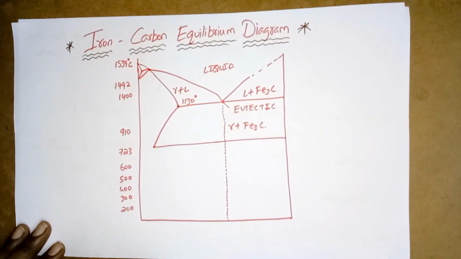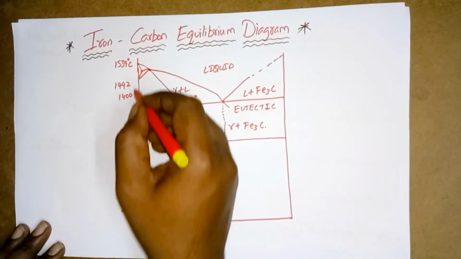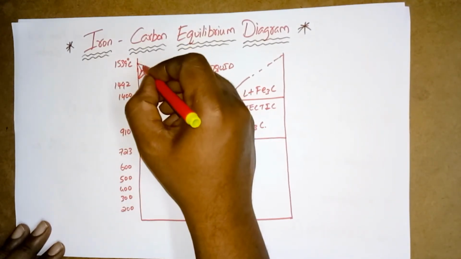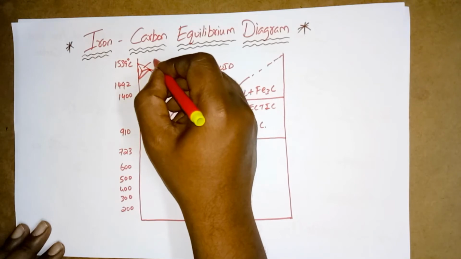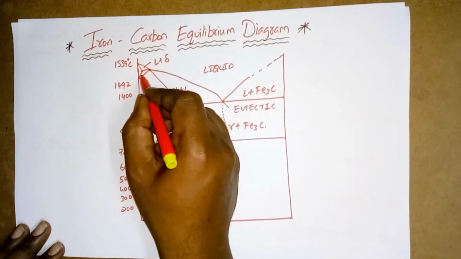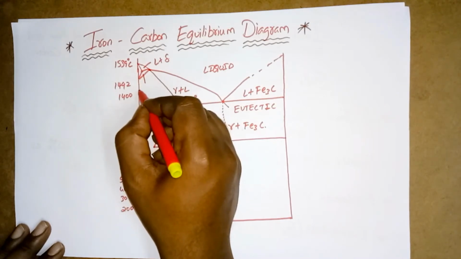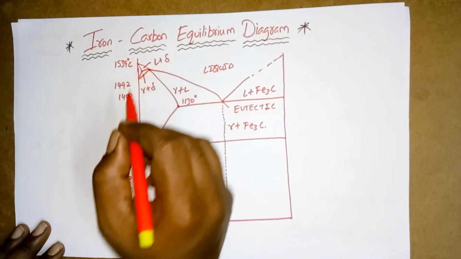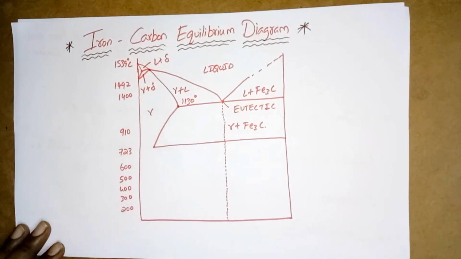Next, here we can plot liquid plus delta iron, and here gamma plus delta iron, and this is the gamma region.